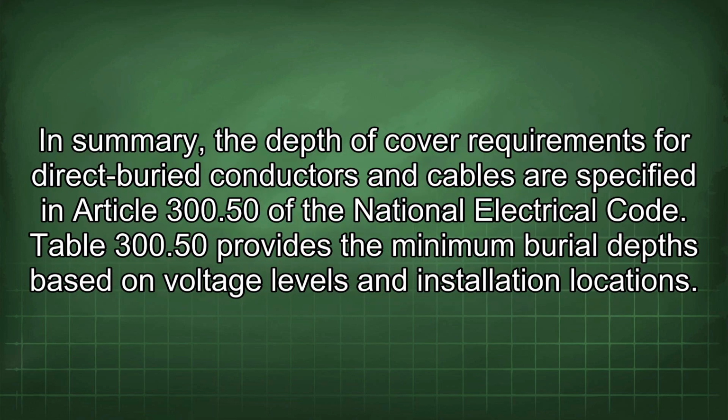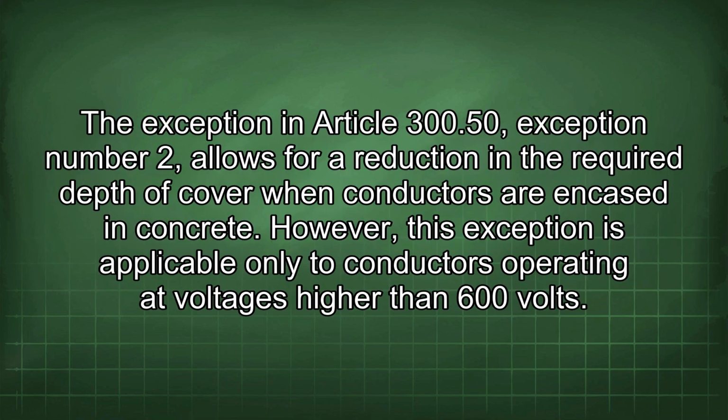In summary, the depth of cover requirements for direct buried conductors and cables are specified in Article 300.50 of the National Electrical Code. Table 300.50 provides the minimum burial depths based on voltage levels and installation locations. The exception in Article 300.50, exception number 2, allows for a reduction in the required depth of cover when conductors are encased in concrete. However, this exception is applicable only to conductors operating at voltages higher than 600 volts.